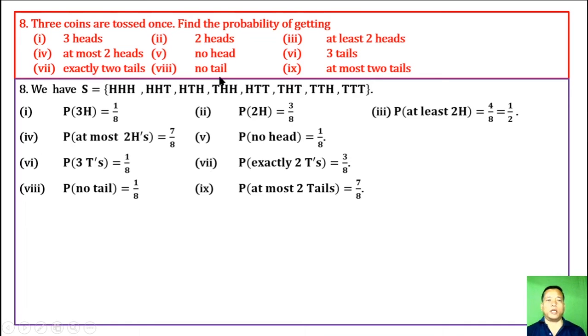P of no tail, that is 3 heads, is 1 by 8. P of at most 2 tails, that is 2 tails or fewer, is 7 by 8.